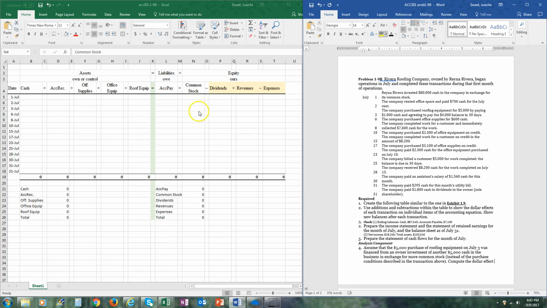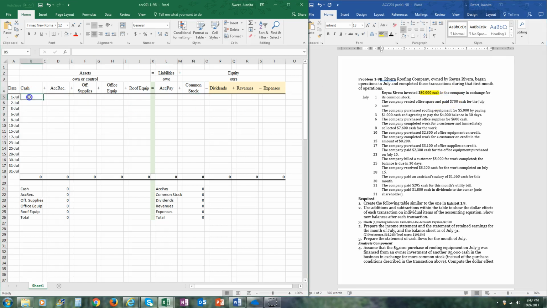So we start out and we're going to look for keywords in the transactions. Here I see that Raina invested cash. So I would come over and say, okay, cash, they invested cash. Cash is going up $80,000. And why did the cash come in?